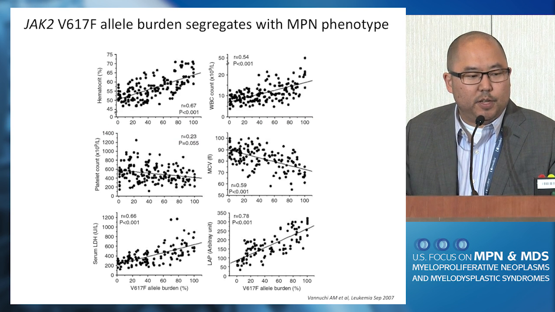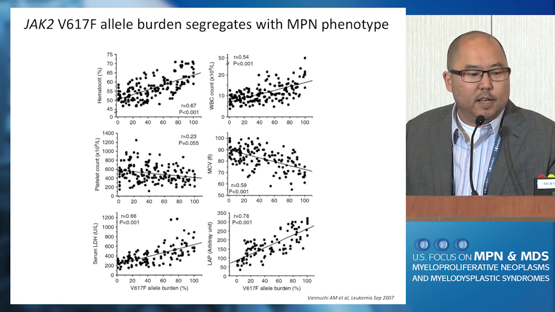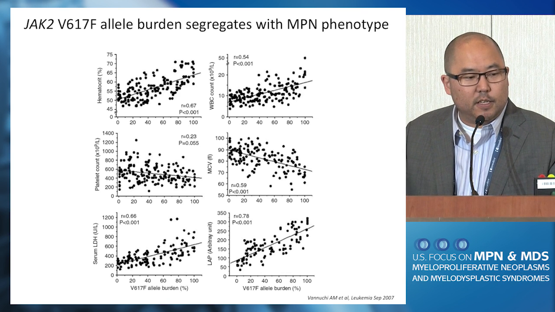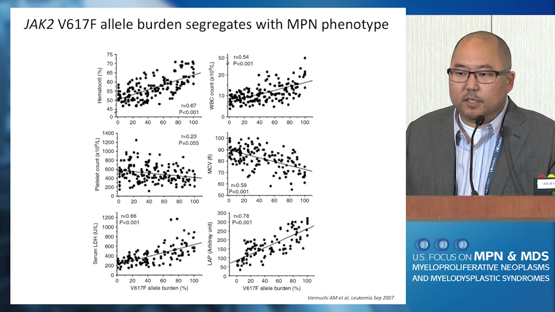Also, as shown here, there is a correlation with the specific JAK2 allele burden. Again within ET patients, higher hematocrit corresponds to higher JAK2 allele burden, lower platelet count, et cetera. So there's definitely an association there with essentially the percentage of cells expressing the JAK2 mutation.